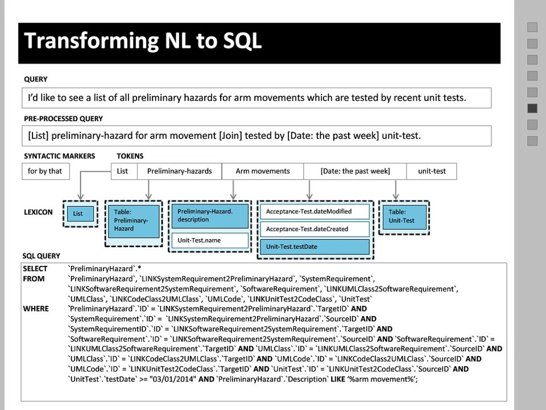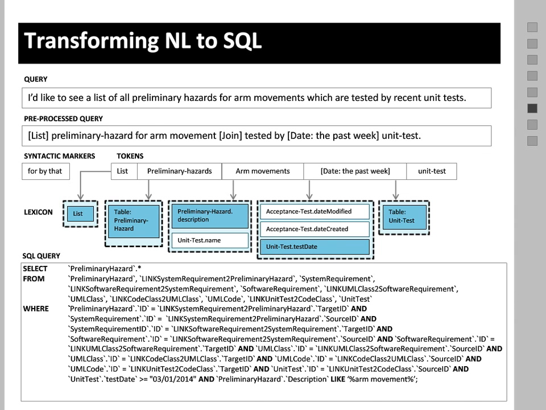Specifically, we map these tokens onto a table name, onto an attribute name, or onto some data that is found in one of the artifacts. When ambiguities exist, we apply a set of heuristics. We have heuristics, and we're focusing on some machine learning techniques that identify the most likely query.